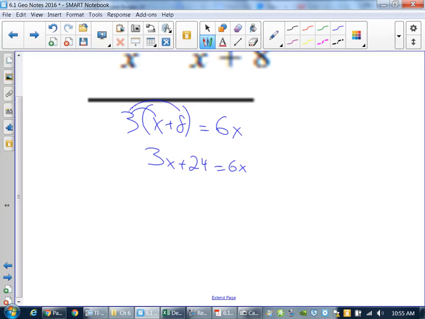Subtract the 3x and then divide by 3. You get 8. Very good. There's a lot of this quick 2-step algebra this chapter. There is a ton of this quick algebra. You're going to be okay.